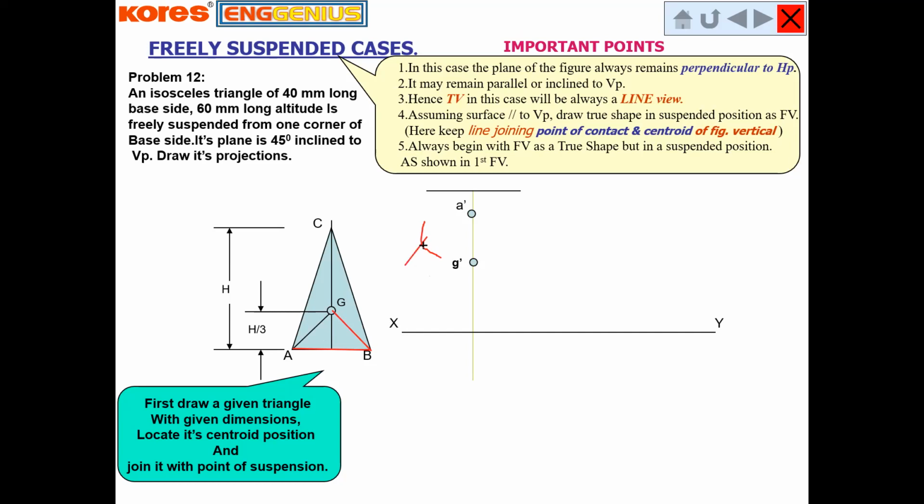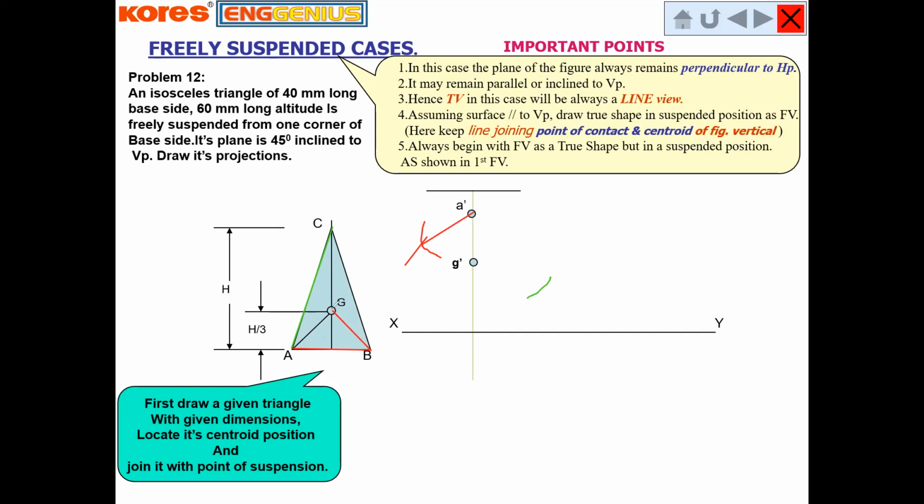So the intersection point will give us the location of point B, and you can join it with point A dash. Similarly, we can do the same for point C: measure the distance between A to C, and by keeping A dash as a center, mark the arc with radius AC, the radius which we measured from the first true shape.